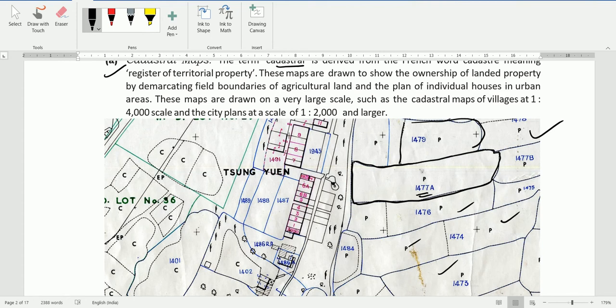These cadastral maps are drawn on a very large scale, such as the cadastral map of a village. Generally the scale is 1 is to 4,000, or for a city plan, 1 is to 2,000 and larger. Sometimes it may be as large as 1 is to 500.